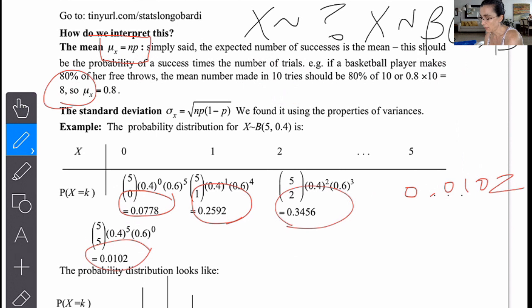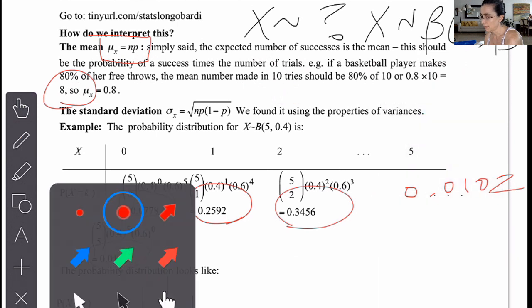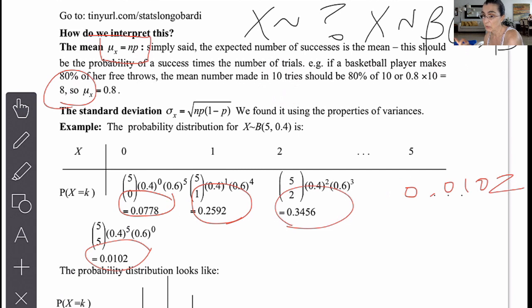I might not get 8, maybe he'll get 6, maybe he'll get 10, maybe he'll get 4.